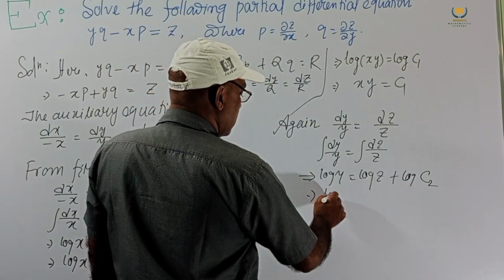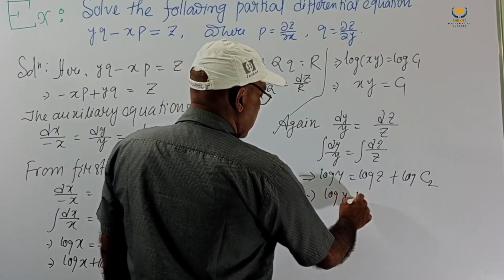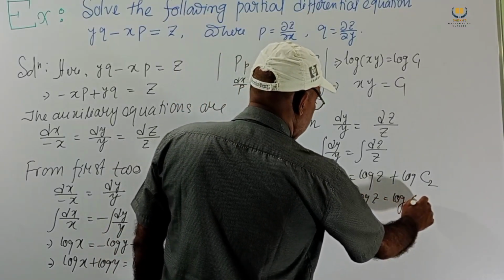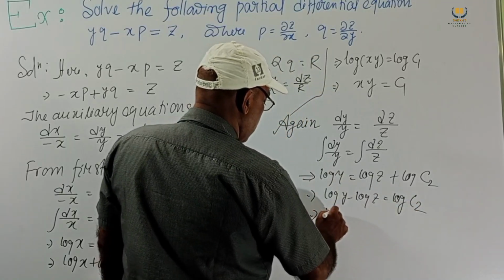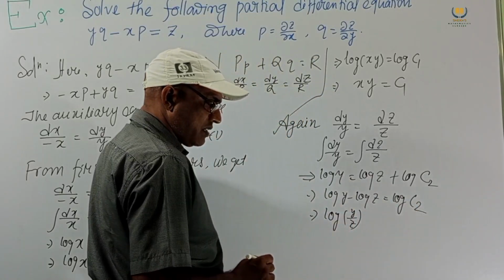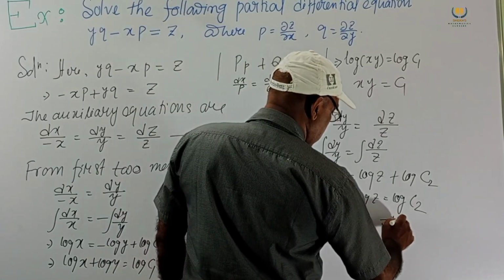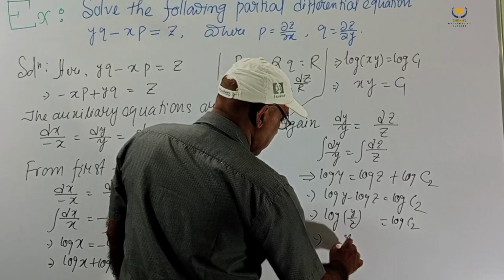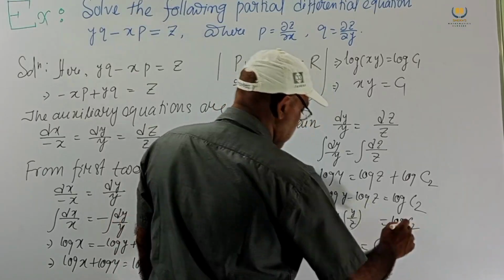So log y − log z = log c2. Log(y/z) in logarithm, minus means division, this is log c2, then y/z = c2.